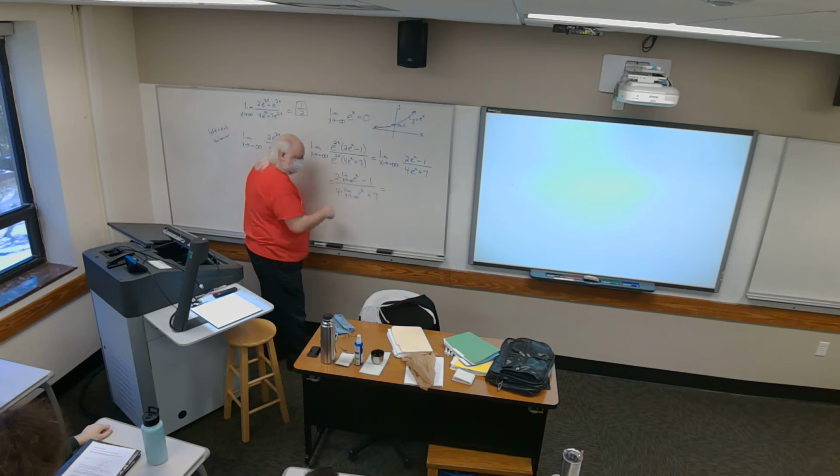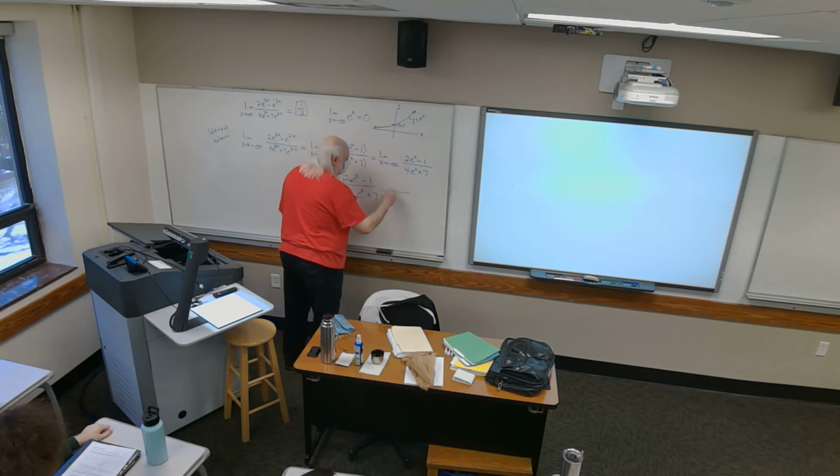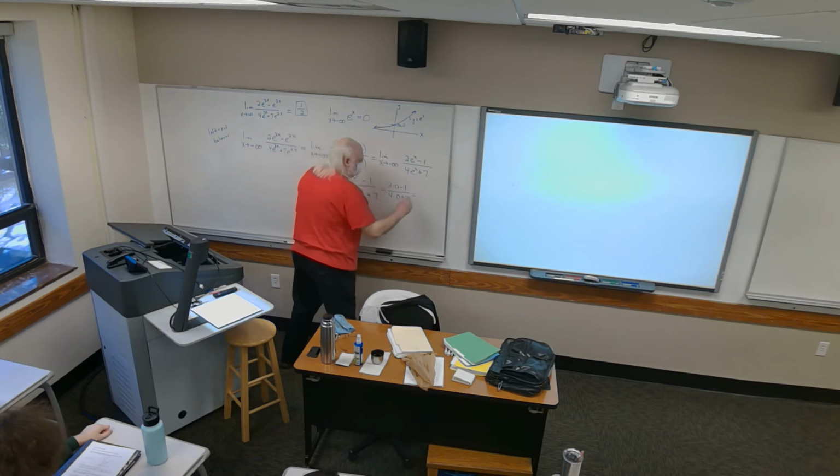You wouldn't have to put this on an exam, right? But I'm just showing you where the 0 is coming from. And so this limit of this function as x decreases without bound is equal to 2 times 0 minus 1 over 4 times 0 plus 7. And when you simplify that, you get minus 1/7.